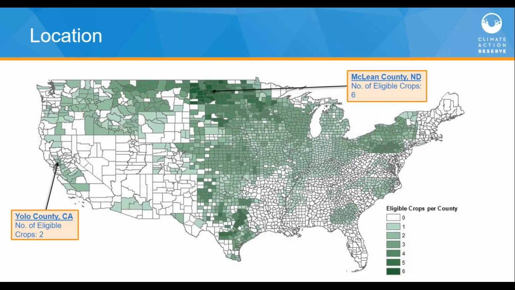Out of the 10 eligible crops, the most that any single county has is 6. To give examples of the differences, in McLean County, North Dakota, there's a possible maximum of 6 crops that are eligible for a project there, whereas in Yolo County, California, there are only 2 crops currently eligible.